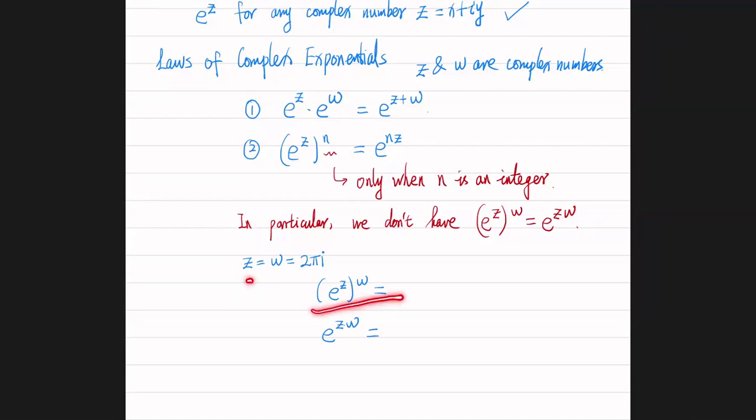When z and w are both 2πi, can you simplify the first one and the second one? Do we get the same result? Jessica, do the work. You can enter 1 in the chat when you are done.